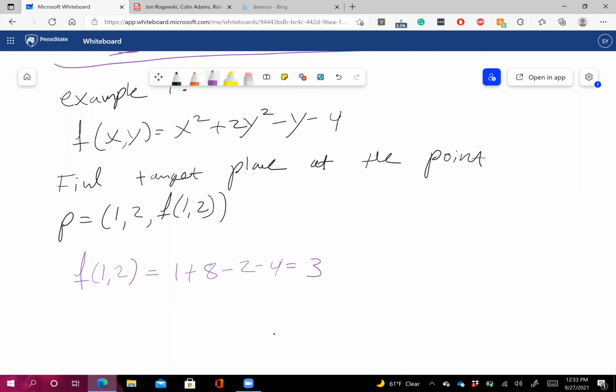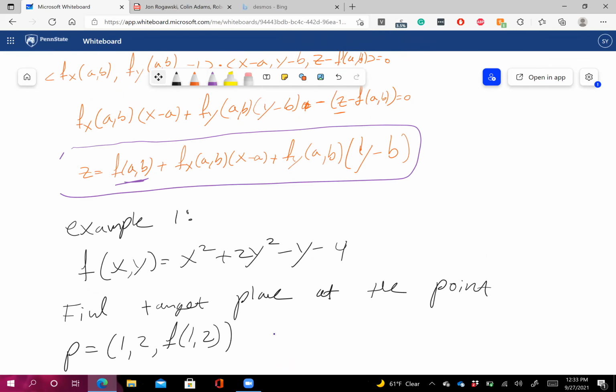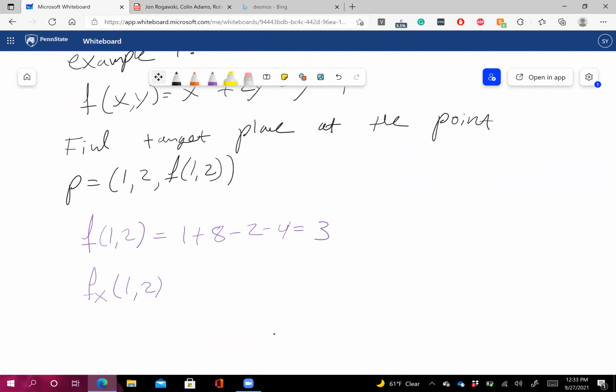The second piece of information that we need is what is the partial of f with respect to x at (1, 2)? That's this next part of information. What is the partial of f with respect to x at the point where we want our tangent plane?